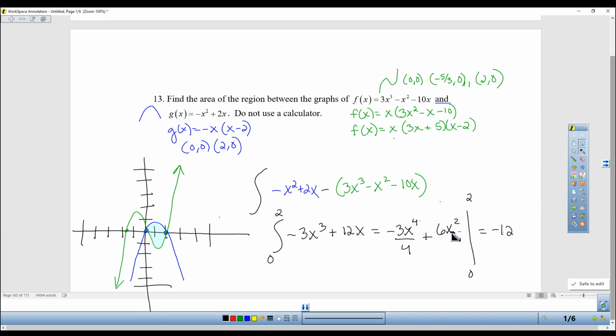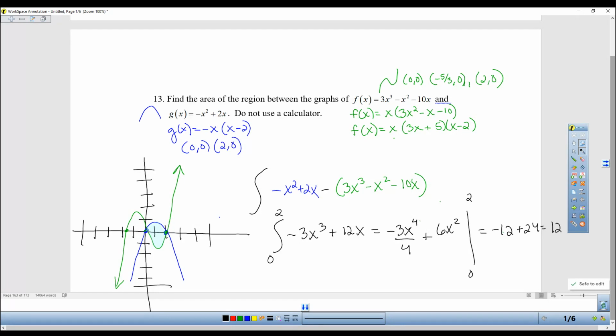When I put a 2 in here, I get x squared, which is 4 times 6 is 24. And my final answer looks like it's 12. You do have to plug in the 0, but I can do that in my head. It's not always 0 when you plug in a 0, especially with things like cosine. But in this case, plugging in 0 works.